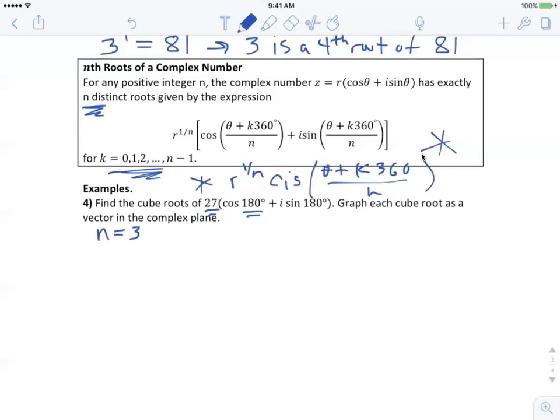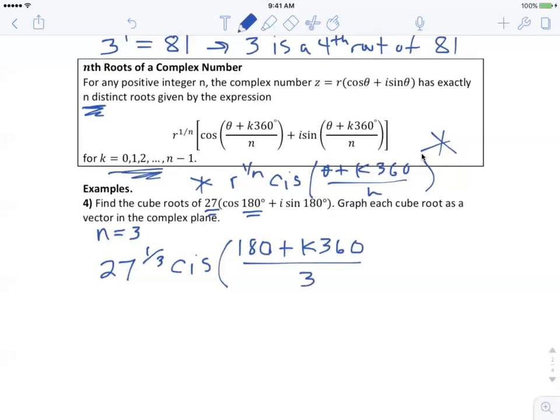I'm going to have r to the power of 1 over n cis theta, 180, and then plus the k, just leave it k for now, all over n, which we know is 3. Right? So n appears in 2 spots. Now I know that I should get 3 answers. It's cube roots, n is 3. There should be 3 of them. Okay.